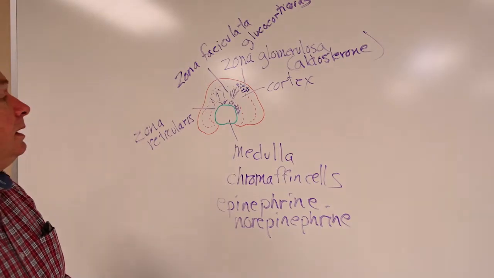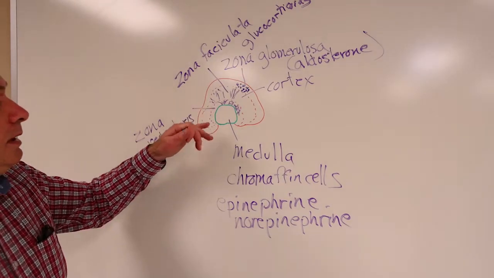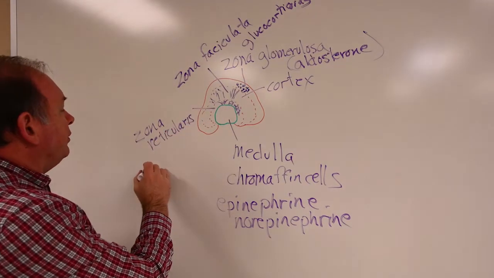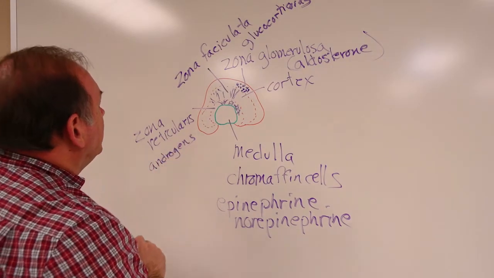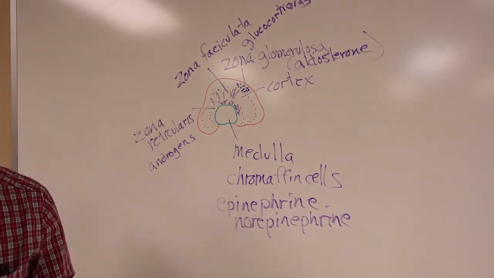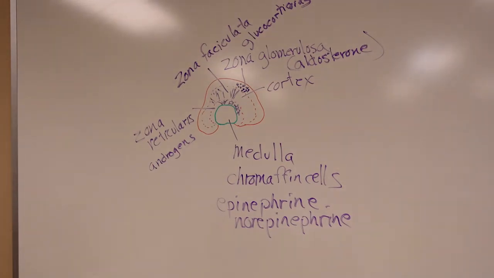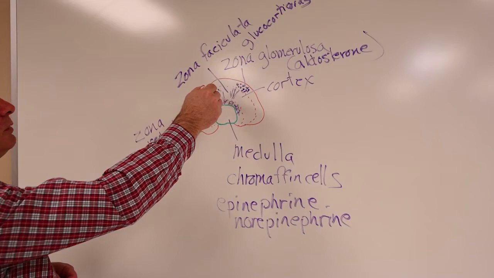Glucocorticoids, and then the zona reticularis produces some androgens. It also produces some more glucocorticoids, like the zona fasciculata.